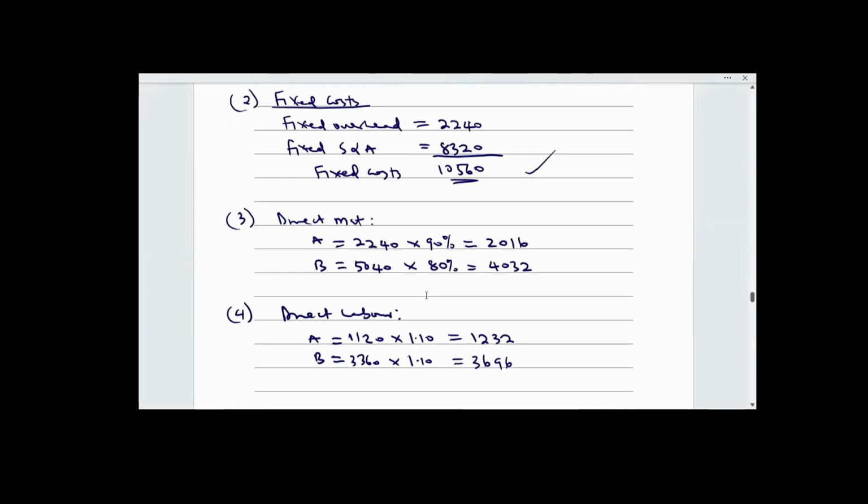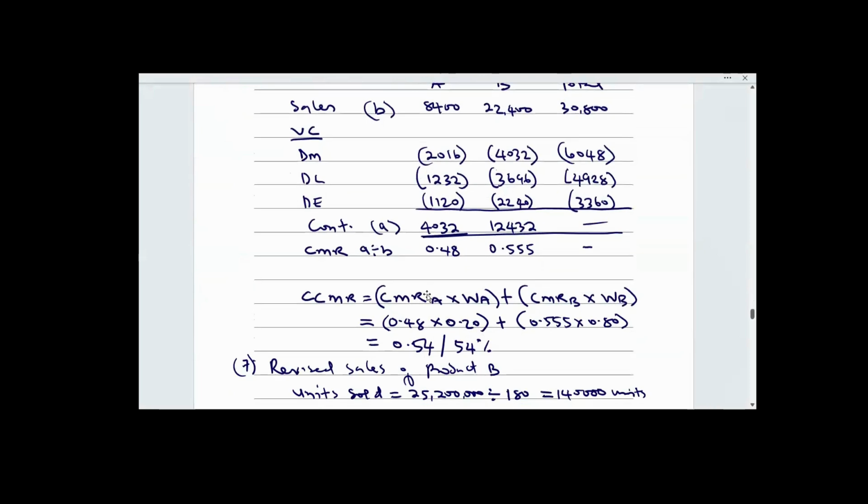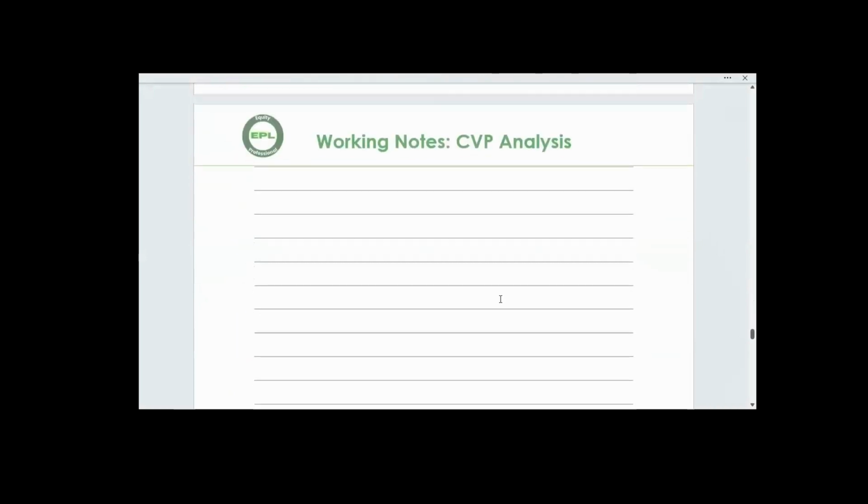I underestimated the space I need for the normal. Okay, let me use this space now. So requirement number C: the examiner wants you to calculate break-even points in units for each product, taking into consideration the revised estimate.